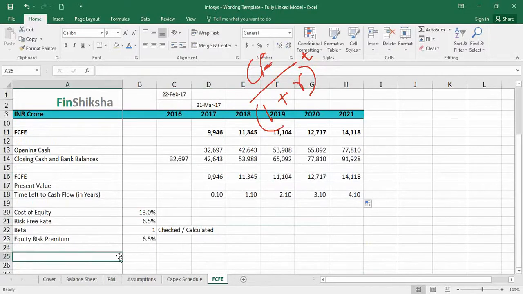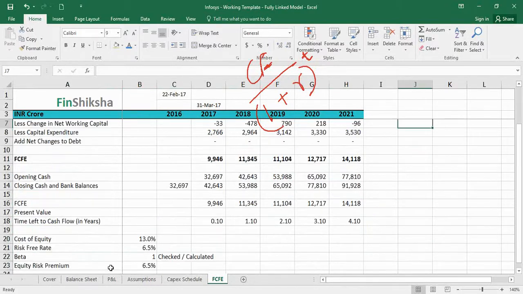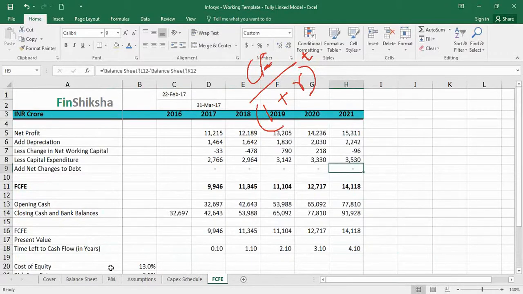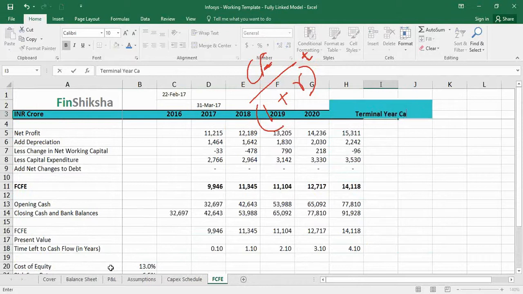So we will also need a terminal growth rate. And based on that terminal growth rate, there would be a terminal year cash flow. Let's copy this and put this as a terminal year cash flow, right?